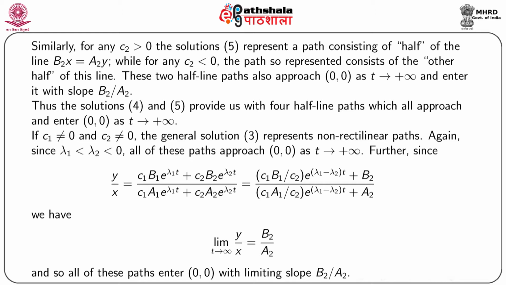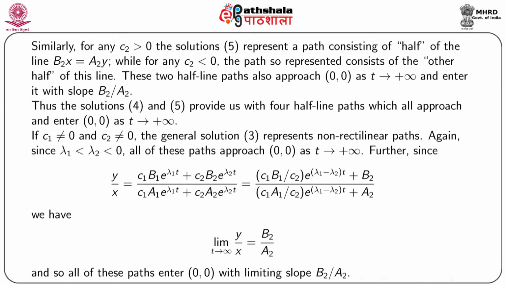Thus, the solutions 4 and 5 provide us with 4 half-line paths which approach and enter (0, 0) as t tends to plus infinity. Now, let us consider the case when neither C1 nor C2 is equal to 0, that is C1 not equal to 0 and C2 not equal to 0.